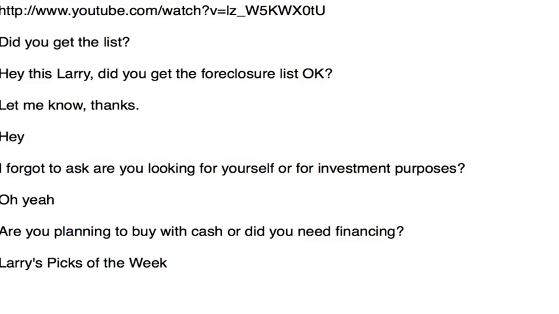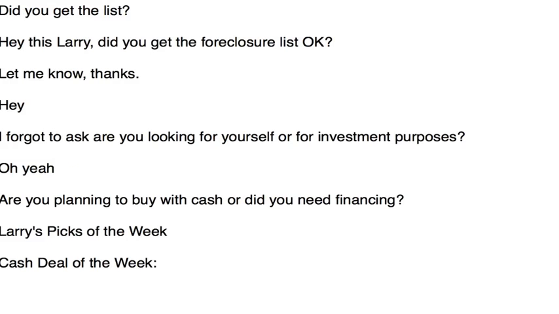You feature three properties. One is the cheap foreclosure, and especially if you're busy, I would call it the cash deal of the week. And it could be a foreclosure, or it wouldn't have to be, whatever.